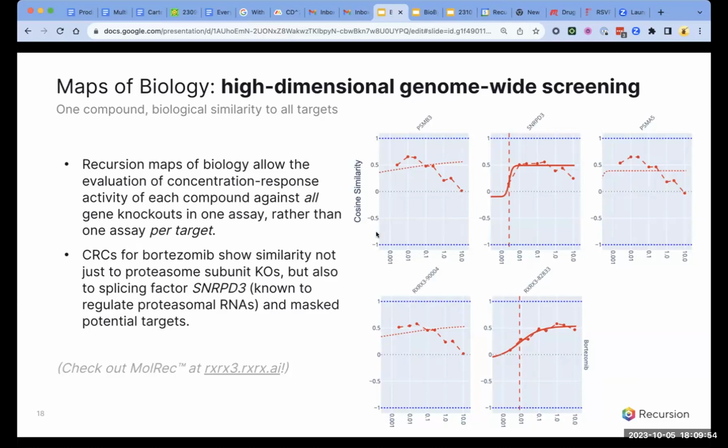In these plots, what we see is a compound, bortezomib, and it shows similarity to the proteasome subunit knockouts. And it also shows similarity to the splicing factor that's known to regulate those things. And so we can monitor, as we're trying to optimize compounds, what's the activity across all of these targets instead of being limited to lower dimensional assays.